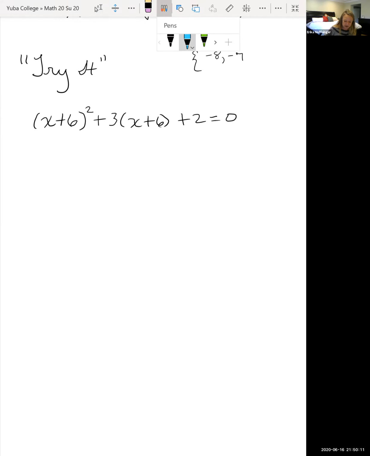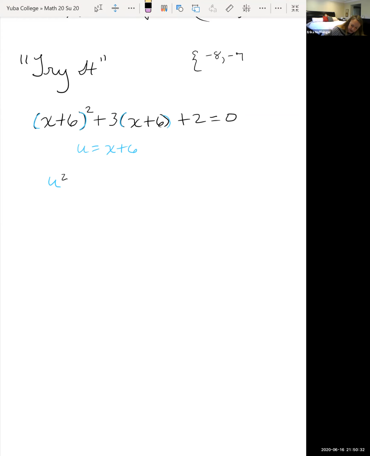And so we get u squared plus 3 all times u plus 2 equals 0. So we've just manipulated this to look like a quadratic equation, and we can solve this using one of our methods.